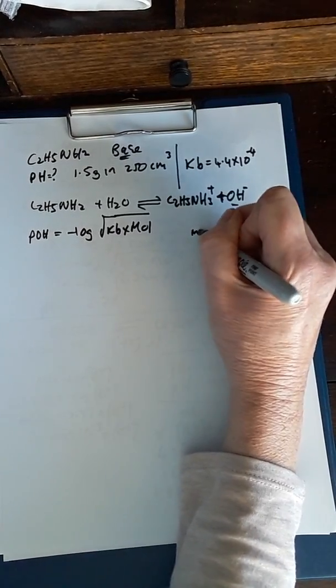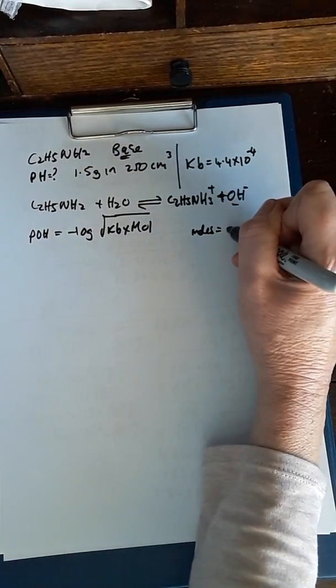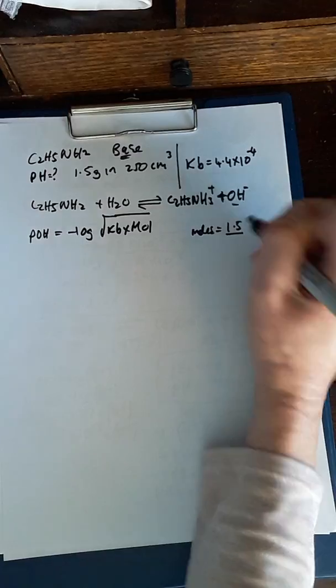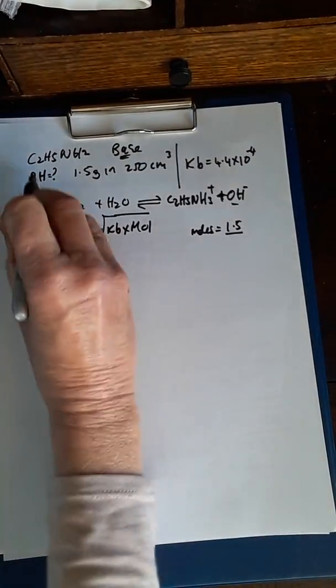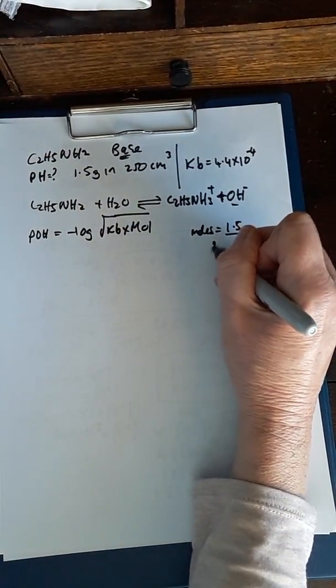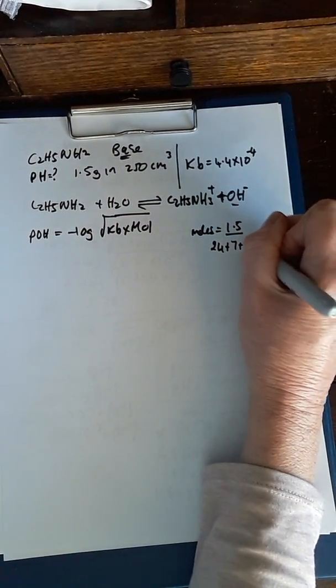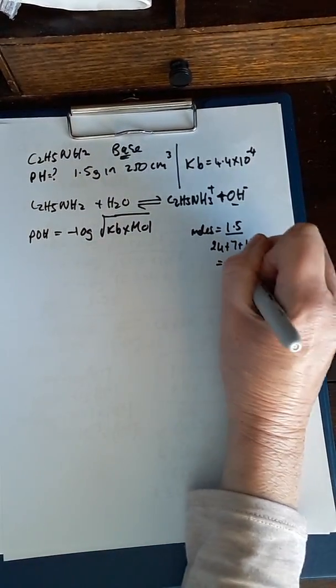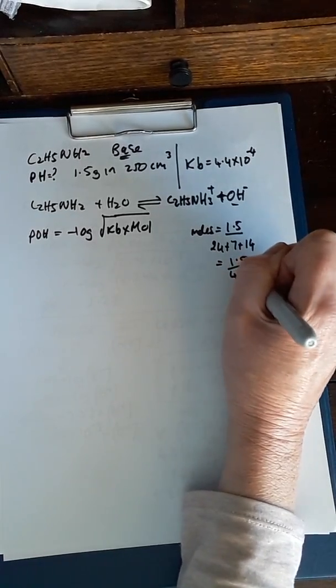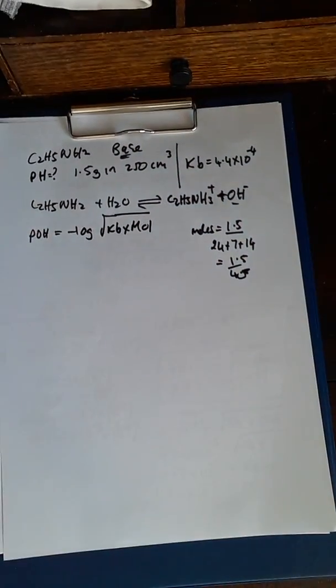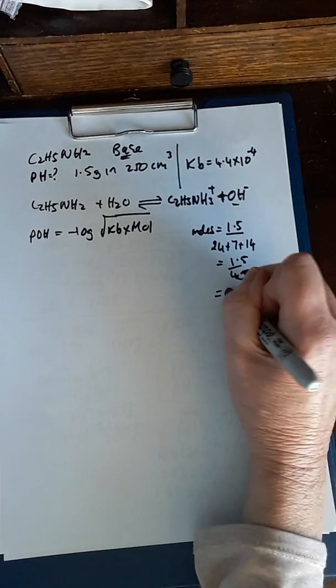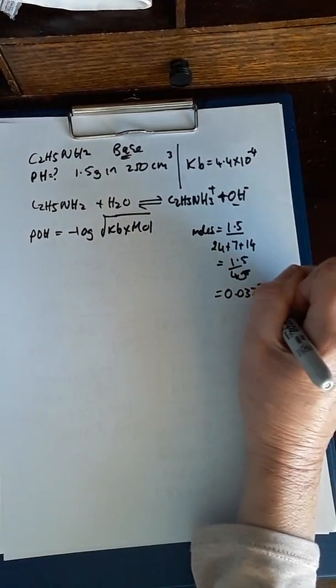Remember, the number of moles is mass over relative molecular mass, which is 1.5 over. I've got 2 carbons, 24, plus 7 hydrogens, plus 14 for nitrogen. So that's going to give me 1.5 over 45. And when I work that out, I'll get 0.0333.